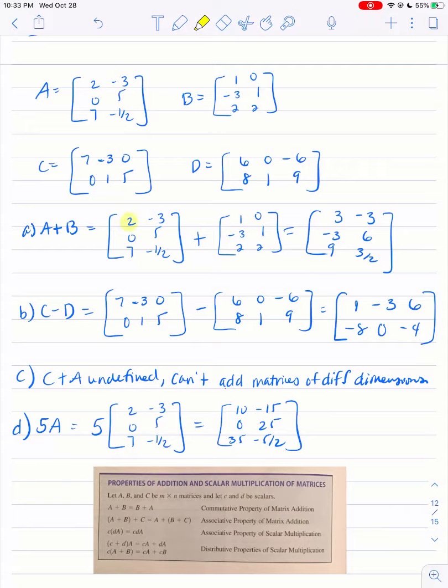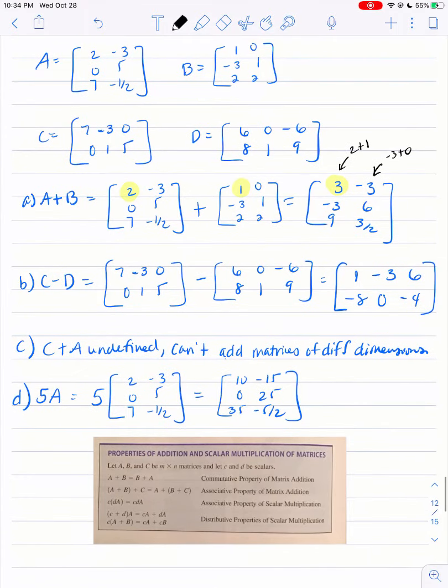I add 2 and 1, and I get 3, in the same position in the matrix. Then I have negative 3 plus 0, which is negative 3. 0 plus negative 3 is negative 3. 5 plus 1 is 6. 7 plus 2 is 9. And negative 1 half plus 2 is 3 halves.